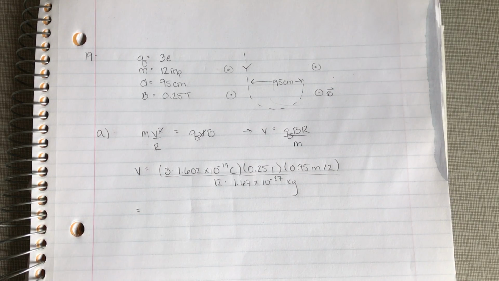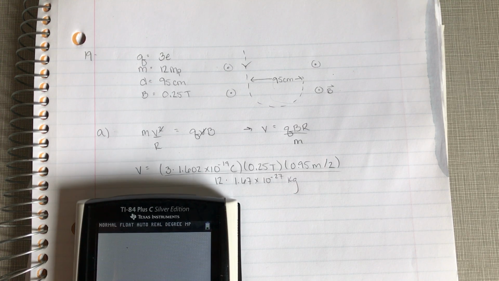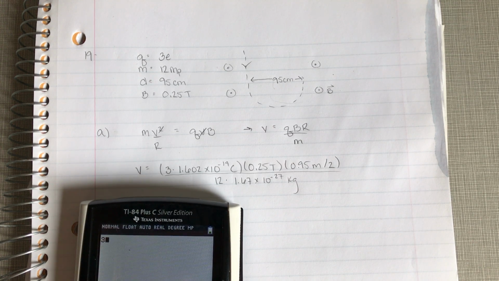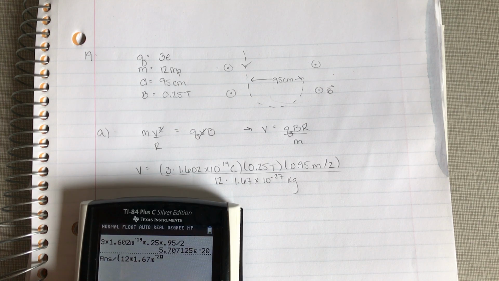If we stuff that into our handy dandy calculator, we get 3 times 1.602 times 10 to the minus 19 times 0.25 times 0.95 over 2, divided by 12 times 1.67 times 10 to the minus 27.